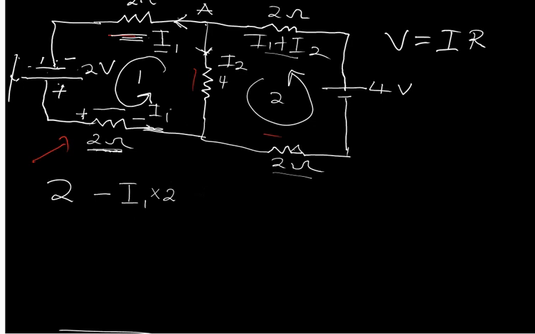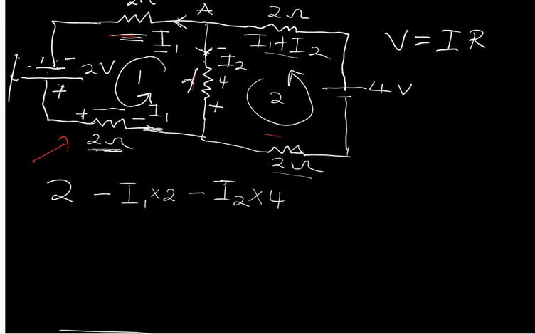Now I am still moving across the loop. I still have to pass through this 4 ohm resistor. This side is positive and this side is negative. From positive to negative is a falling voltage, so that's going to be minus. The current across the 4 ohm resistor is I2, so that's going to be I2 times 4.